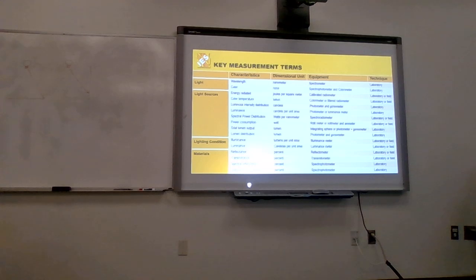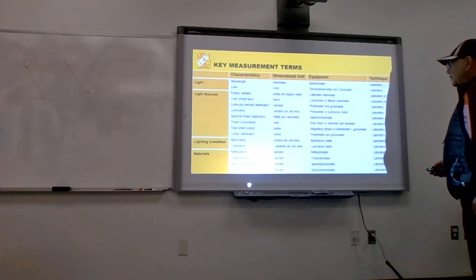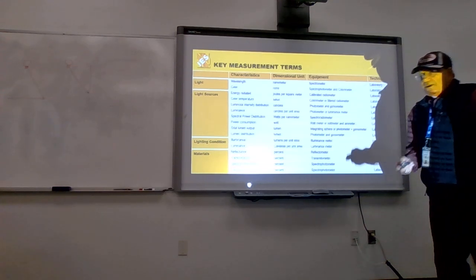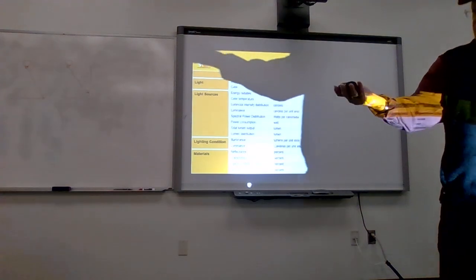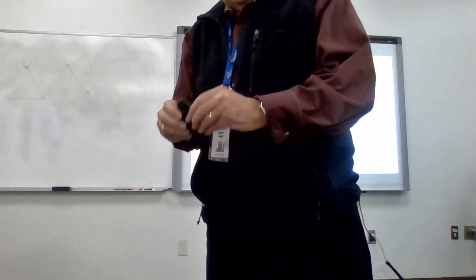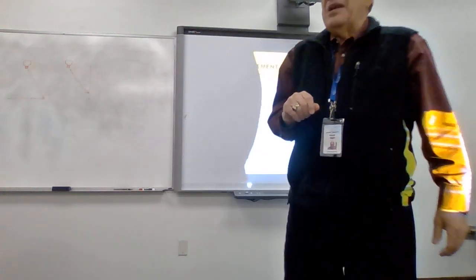I have examples of a light meter here, which I've demonstrated before, and a spectrometer, which this device is here. If I turned it on, which I'm not going to do, I would be able to tell you the color temperature of the luminaires in this room.